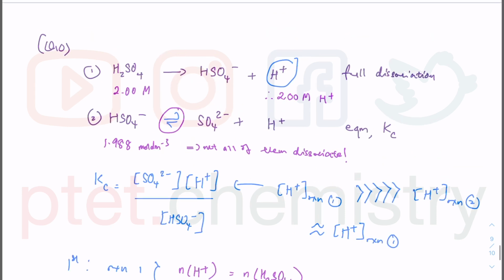I started from 2.00 mole of that as well, because remember that 2 molar gives me 2 molar, but at equilibrium, I only have this much mole per dm cube. That means from here to here, how much has reacted? How much has reacted? That is very, very important.